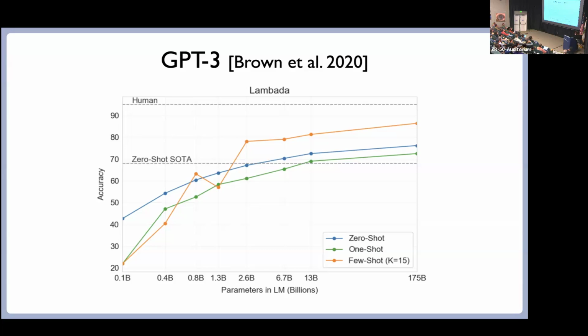The y-axis is accuracy. You can see there are three lines. We don't have to care too much about that; that just means a different way of formatting the input. But the important part here is that as you grow the size of the model, the accuracy goes up. If you increase the number of parameters, meaning the model is larger, typically the model performance goes up consistently.